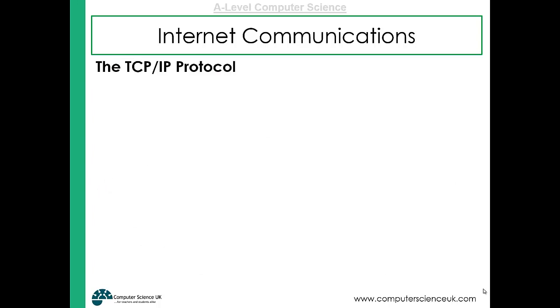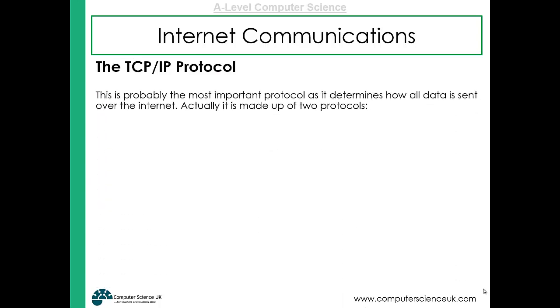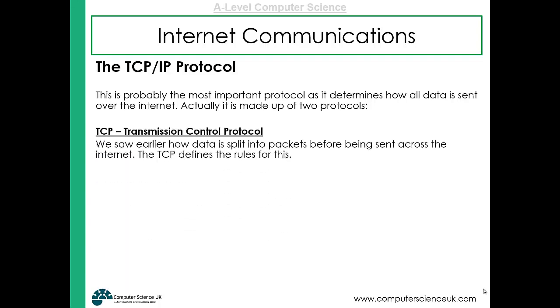The TCP/IP protocol is really, really important when it comes to how data is sent around a network or around the internet. It's actually 2 protocols. You've got the Transmission Control Protocol, and this governs how data packets are split up before being sent across the internet.